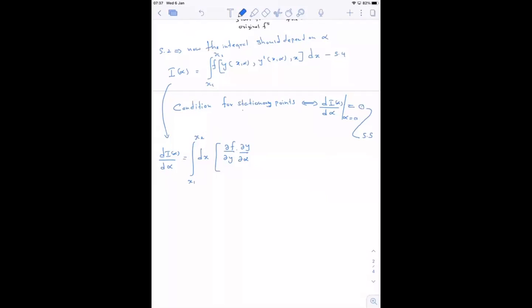And then the next one is a function of y dash, and then y dash is a function of alpha, right? So that is for this part right here. And does x depend on alpha?